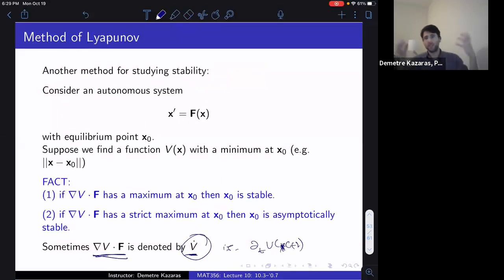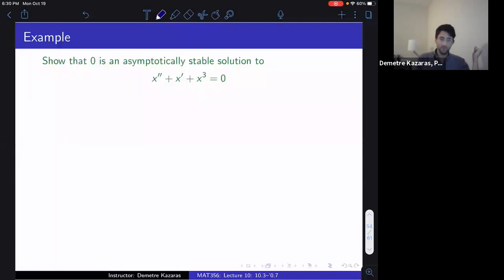If you can find a function v which has a strict minimum at x naught, looks like a paraboloid centered at x naught, and you can show that near this equilibrium point x naught, the gradient of v dot f is maximum, then you can say you've got a stable point. Okay, let's take a look.